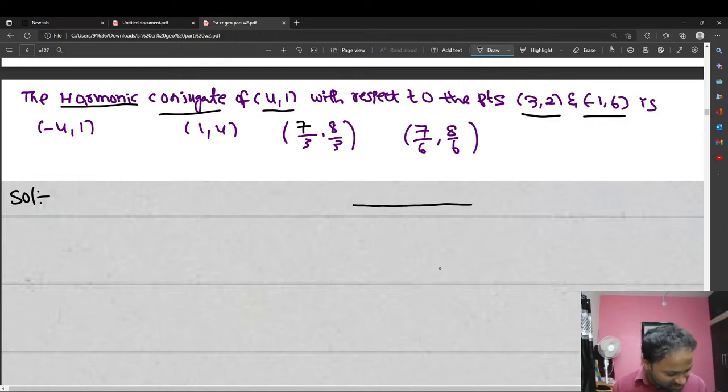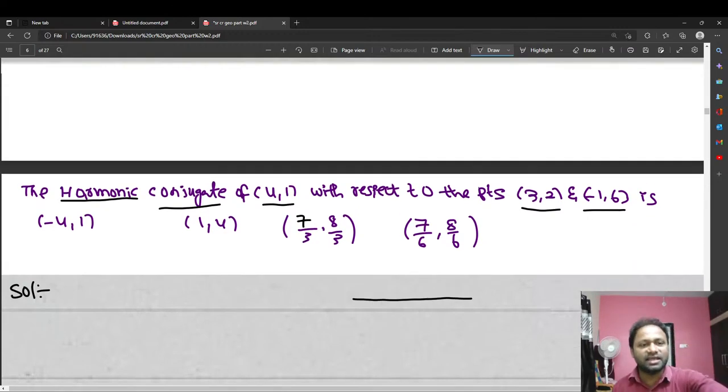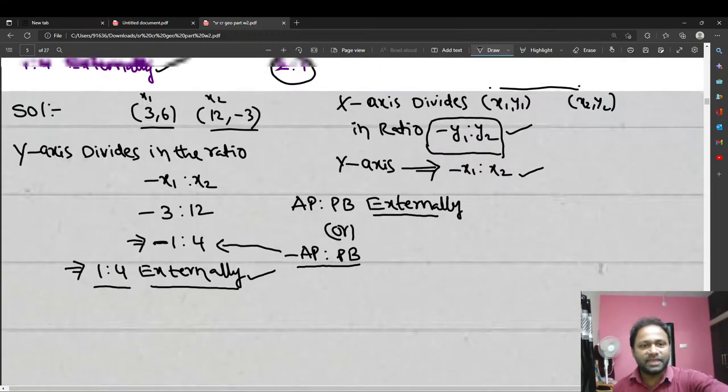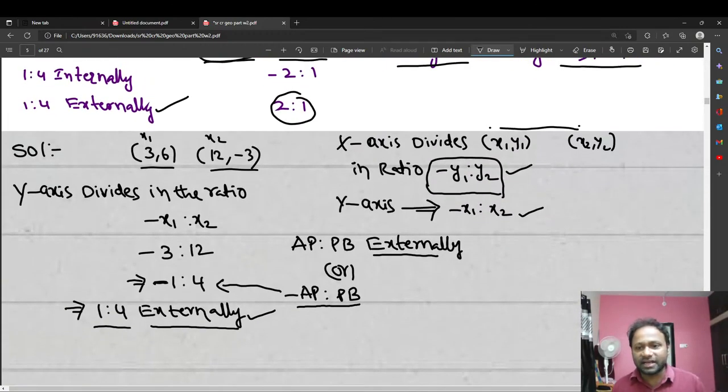Jyoti says 1 is to 4 internally. Condition: internally means like this.